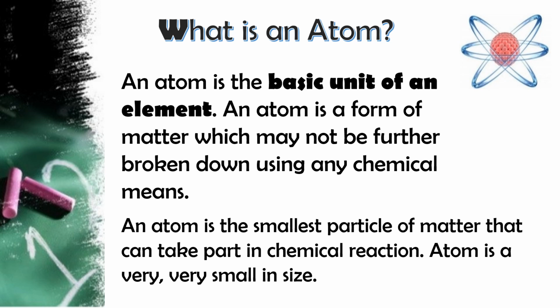An atom is a form of matter which may not be further broken down using any chemical means. An atom is the smallest particle of matter that can take part in a chemical reaction. An atom is very, very small in size. Remember that.